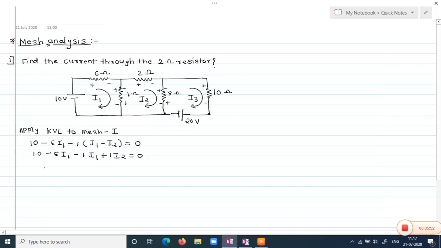So with I1 over here, plus 6 I1 plus 1 I1, that is 7 I1 you will get here. If you keep the 10 volt outside as it is, you will get a plus sign over here, means 7 I1.